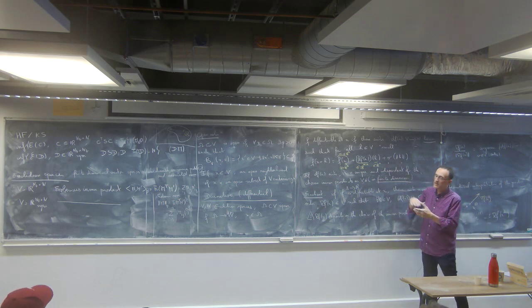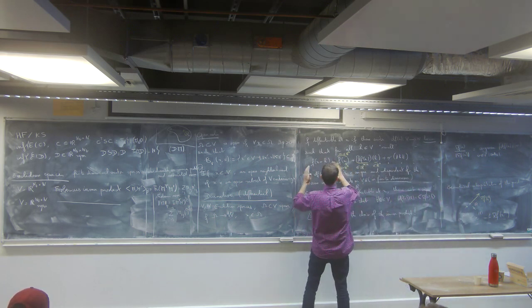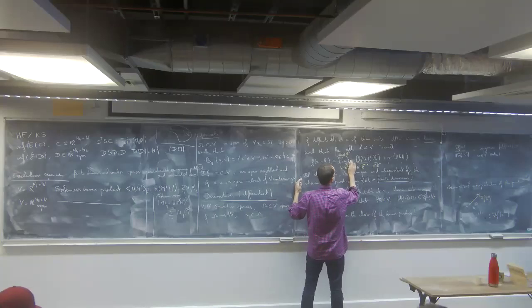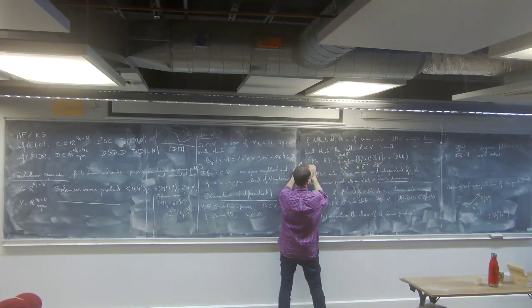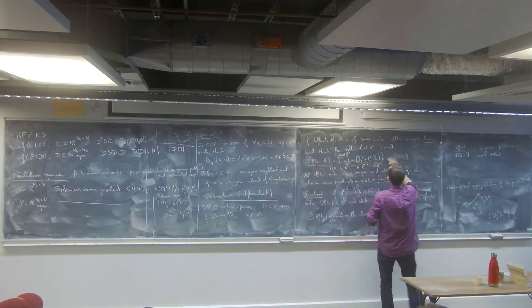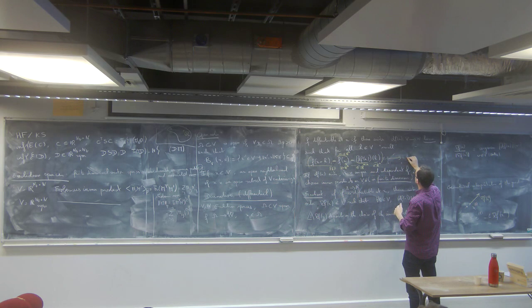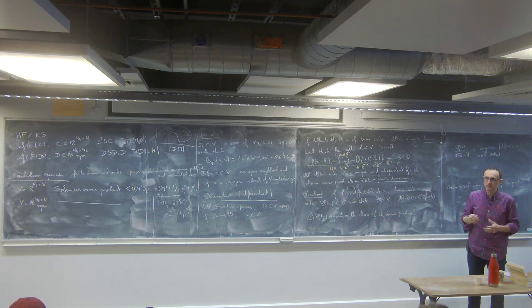Small means that it's an o(h), so basically if you consider this and divide by the norm of h, it goes to 0 when h goes to 0. That's the definition of the little o.